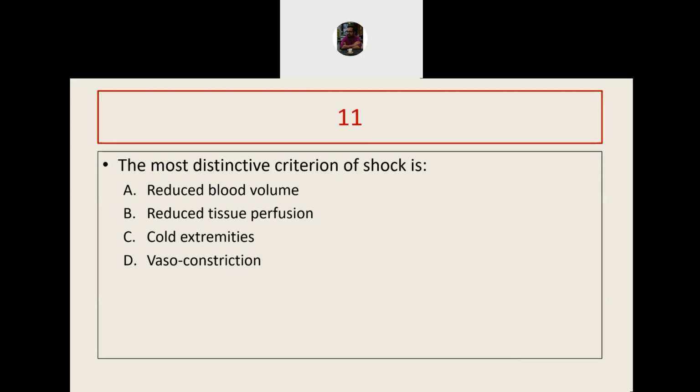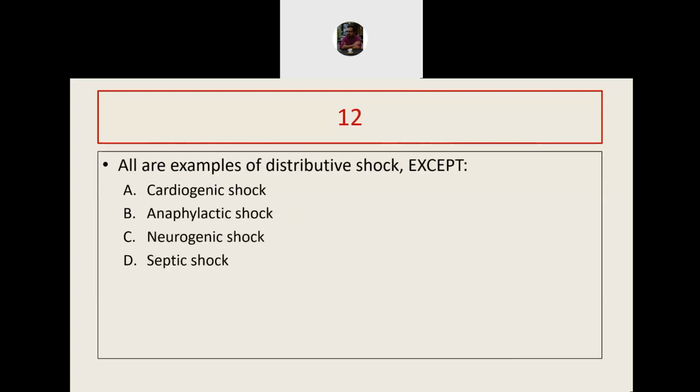The most distinctive criterion of shock is, what is the absolute criteria of shock? Wonderful. The answer is reduced tissue perfusion. All are examples of distributive shock except.